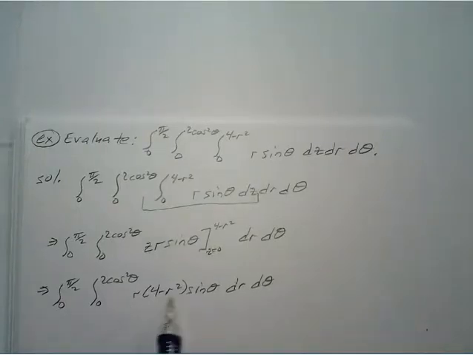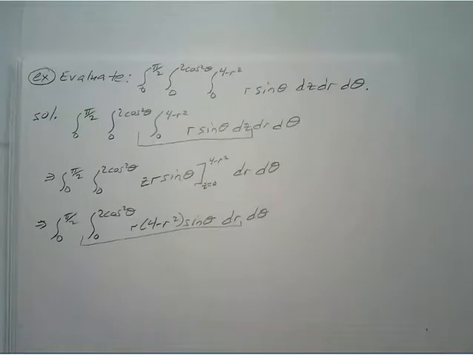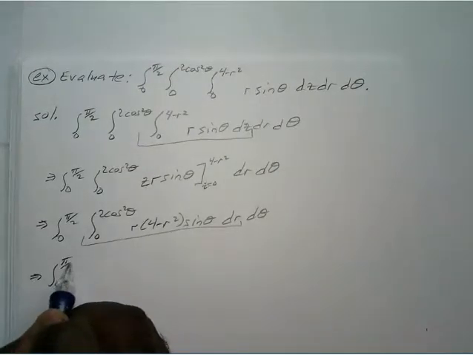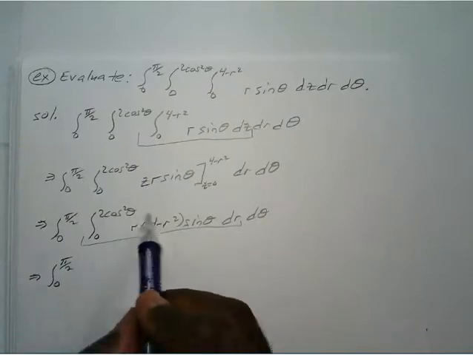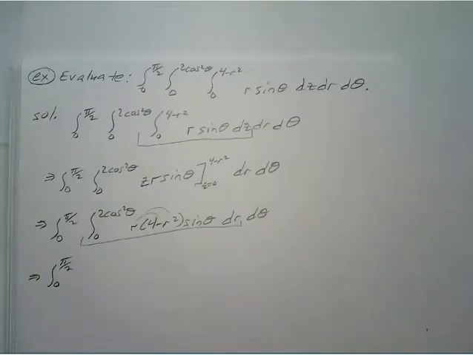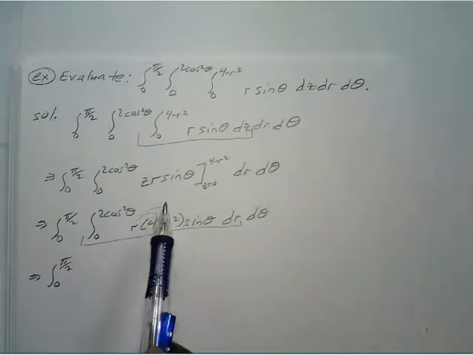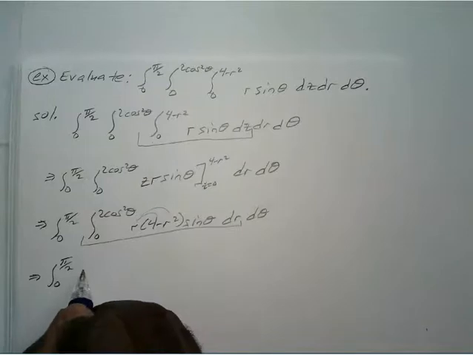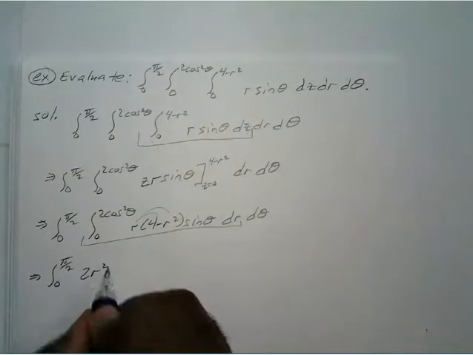Okay, so we can go ahead and integrate this middle one now with respect to r. We have the integral from 0 to pi over 2, and if we distribute that, we'll have 4r. The integral of that is r squared over 2, so 4 divided by 2 is 2, which gives us 2r squared.